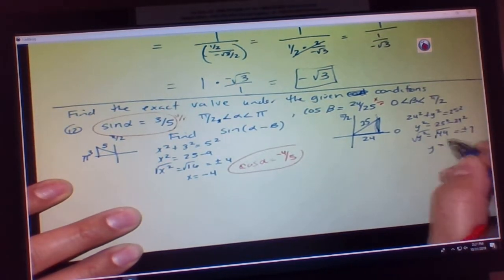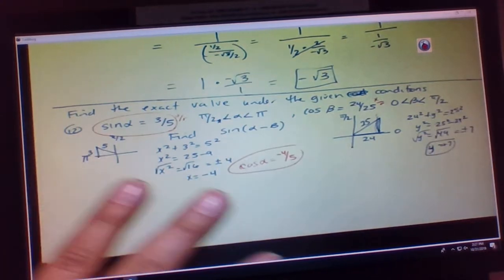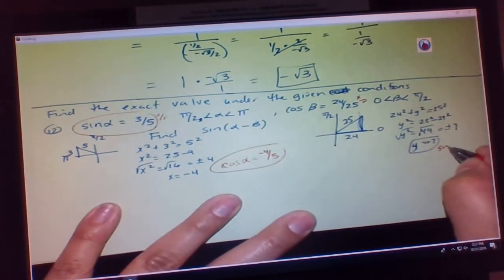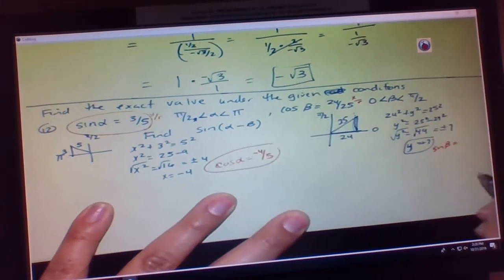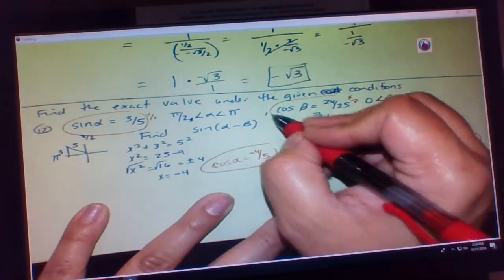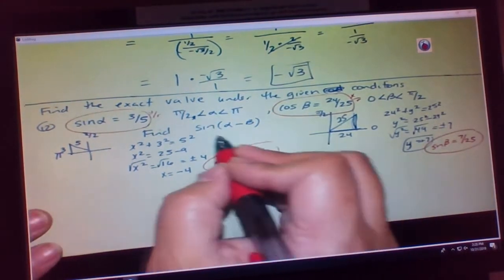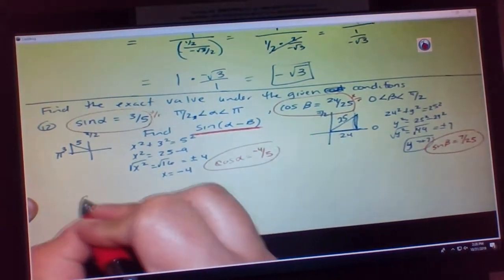Positive. The only one you could use is the positive y. That's the positive 7. So my sine for this angle is my y, which is 7/25. So I'm going to use that one and that one in a little bit. Because they ask you to find this.